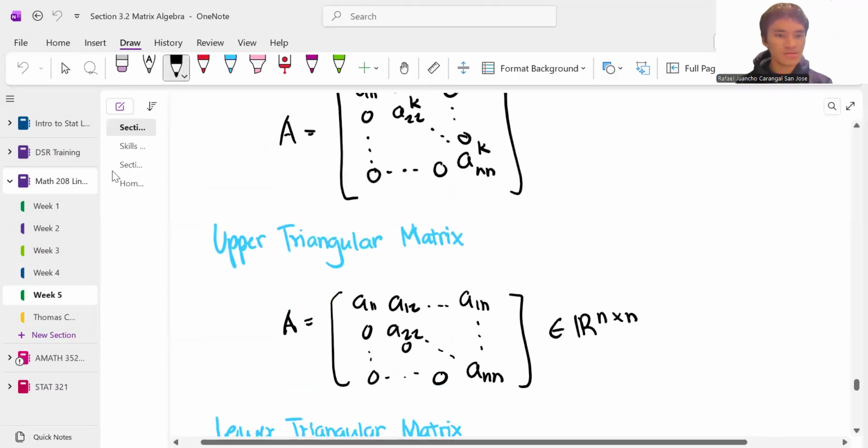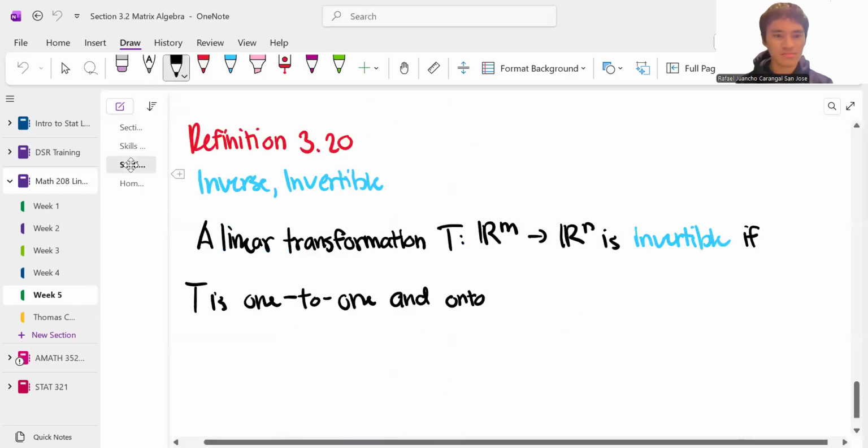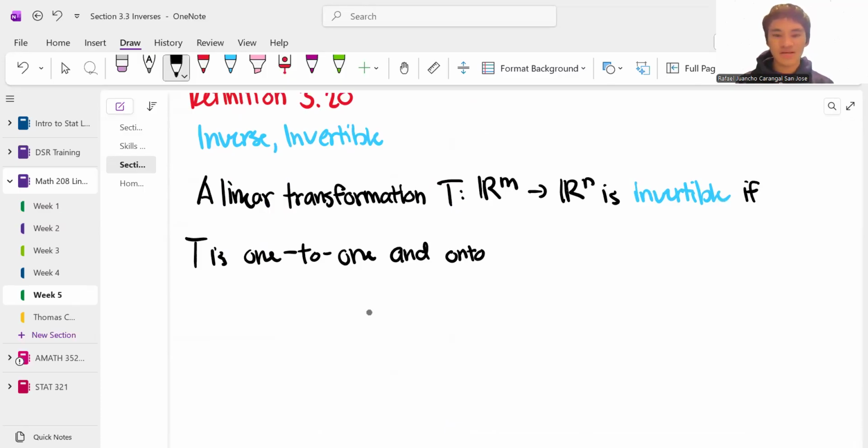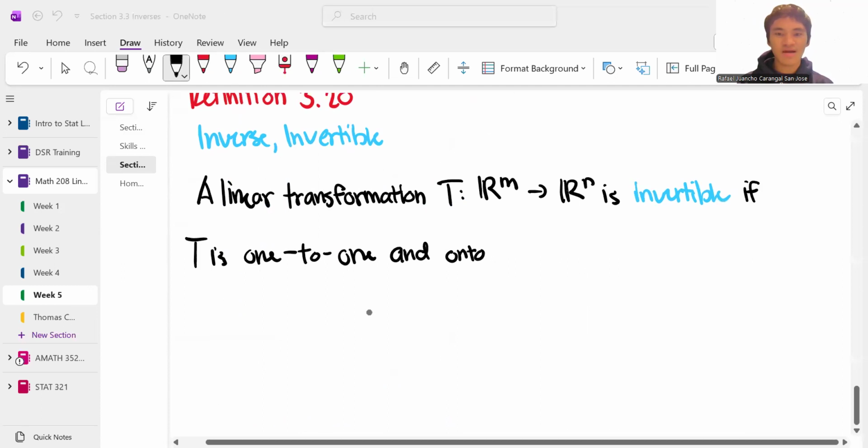Wait, where was I? Oh, I lost it. Oh, there we go. So what do we say onto? And there's lots of ways we can define it in terms of characteristics. Okay.